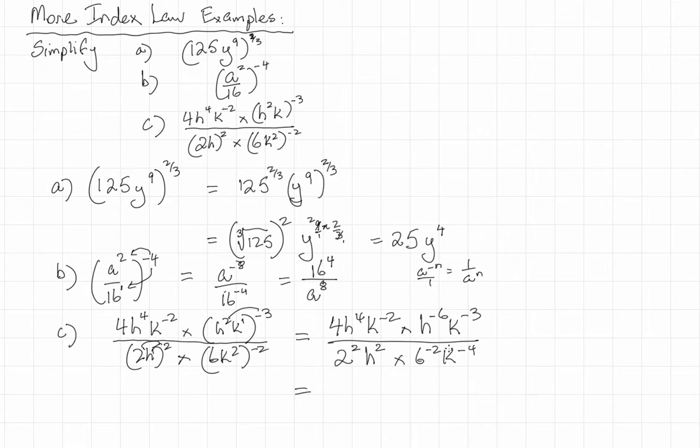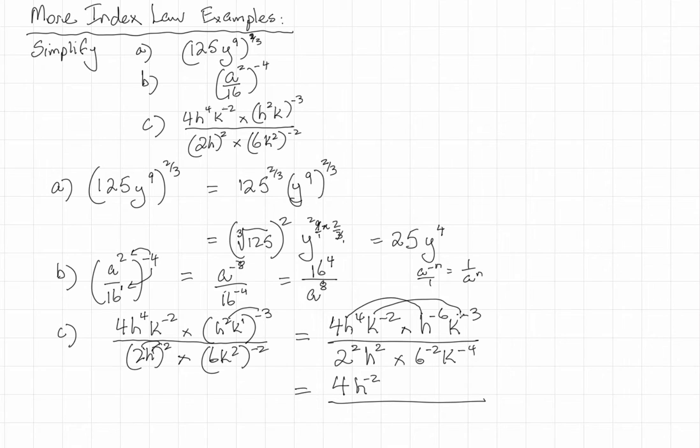I'll just clarify one thing: we can look at the top here and we've got 4. There's a 1 there, so 4 times 1. Now we can combine the h's together, and when you're multiplying the h's, the same base, you add the index, so that'll be h to the minus 2.